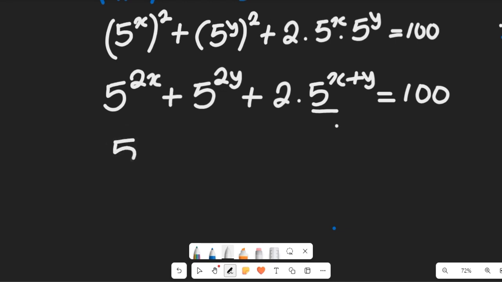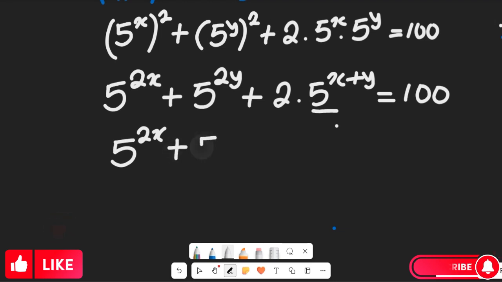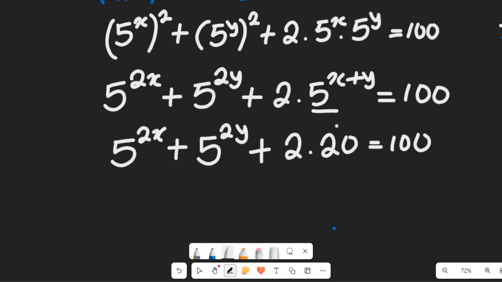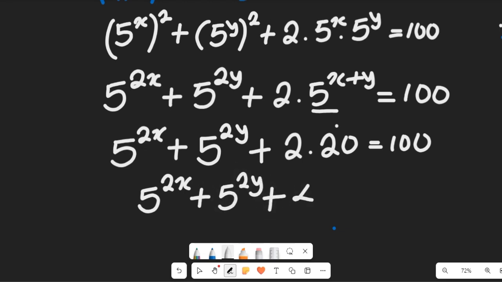So we'll have 5 to the power of 2x plus 5 to the power of 2y plus 2 multiplied by 20, and this will be equal to 100. So 5 to the power of 2x plus 5 to the power of 2y plus 40 is equal to 100.